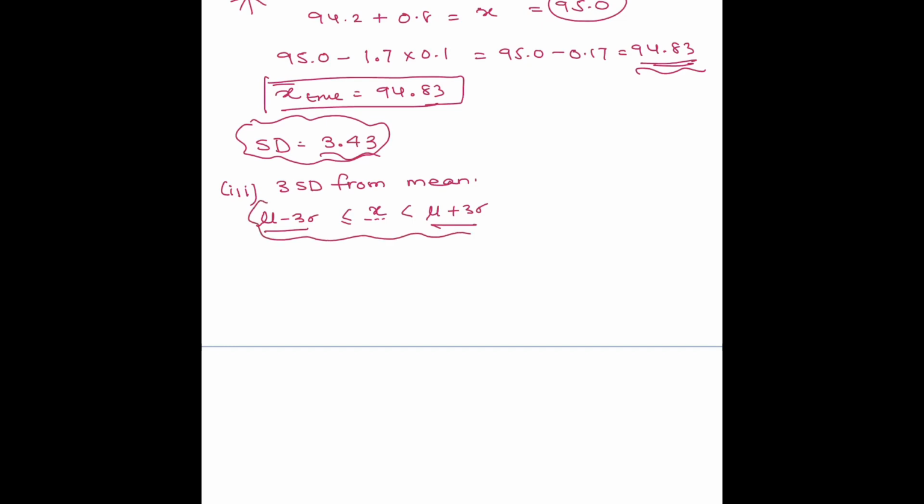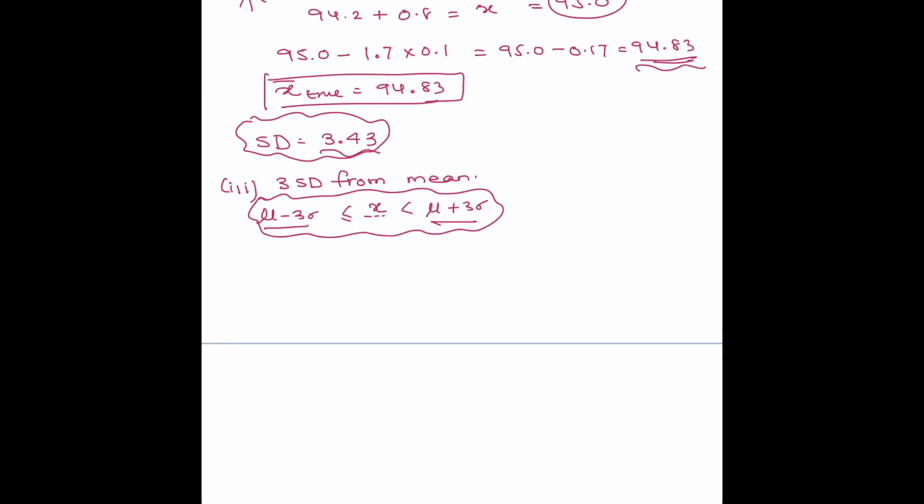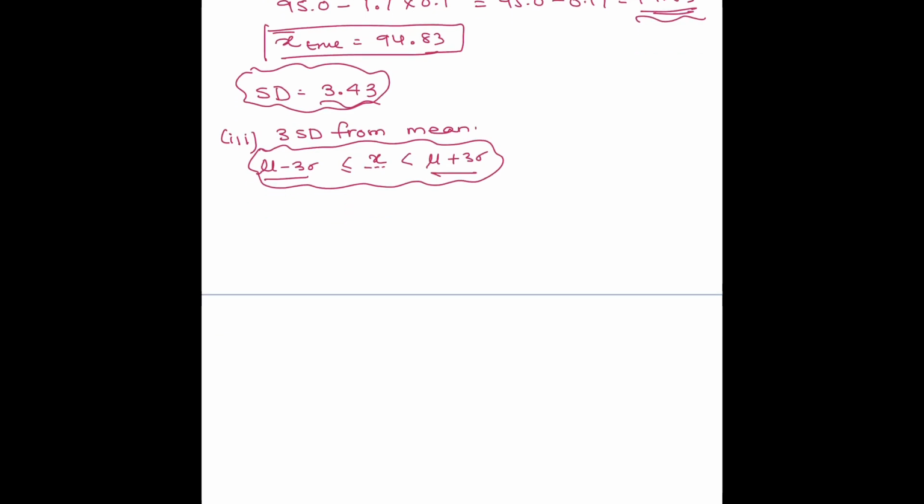Now here, when we are calculating from the original values, so when we are working with assumed mean, we just need to check x value less than 3 sigma. So this is 3 times 3.43, which is 10.29.